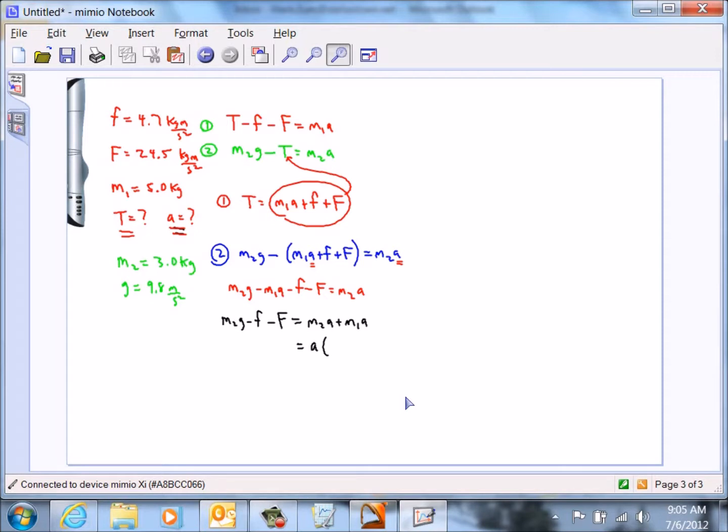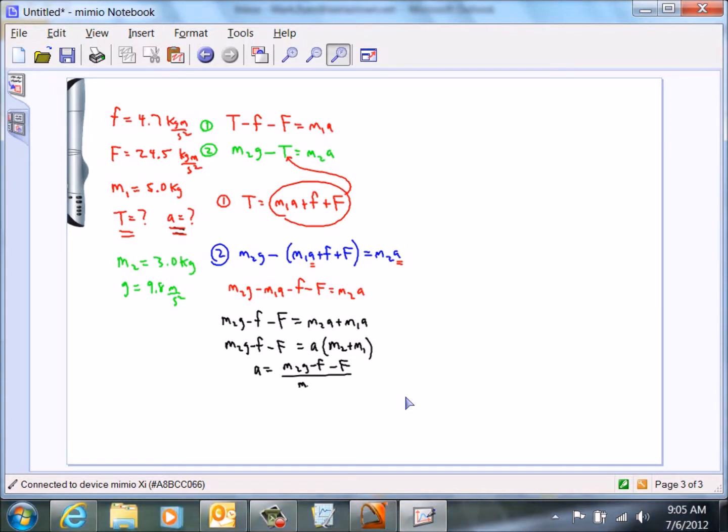So a times the quantity m2 plus m1 is equal to m2g minus little f minus big F. And then finally I can divide both sides by m2 plus m1 and get a is equal to m2g minus little f minus big F all over m2 plus m1.